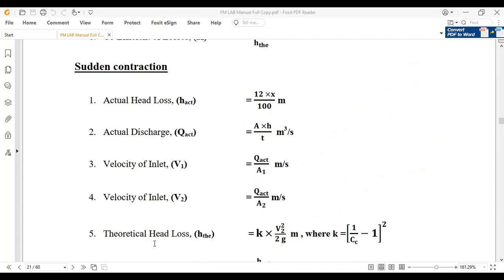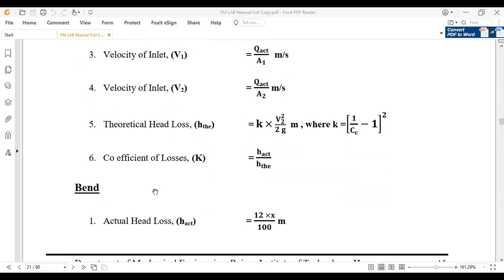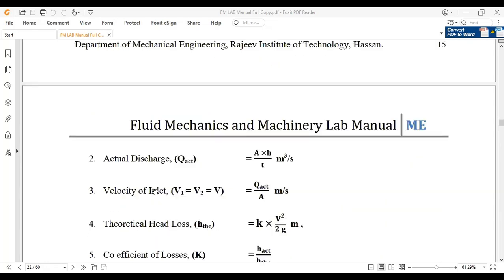Now come to the bend. Here V1 is equal to V2 because the bend is like that, with the same diameter. So V1 at this point and V2 at that point are the same because the diameter is the same.